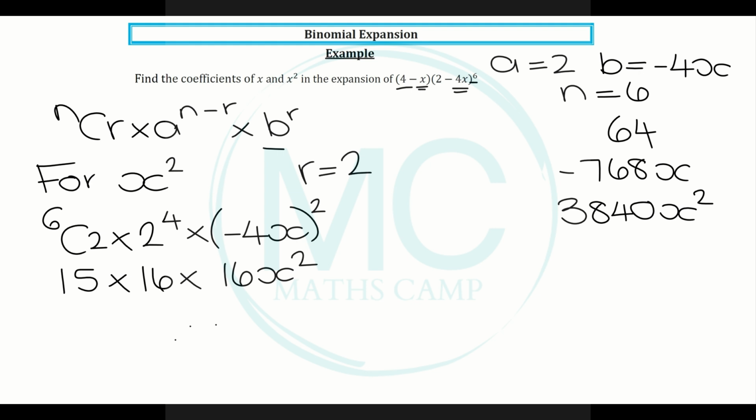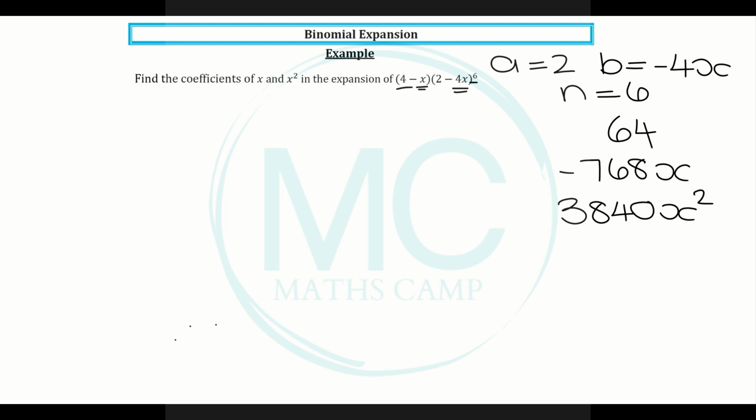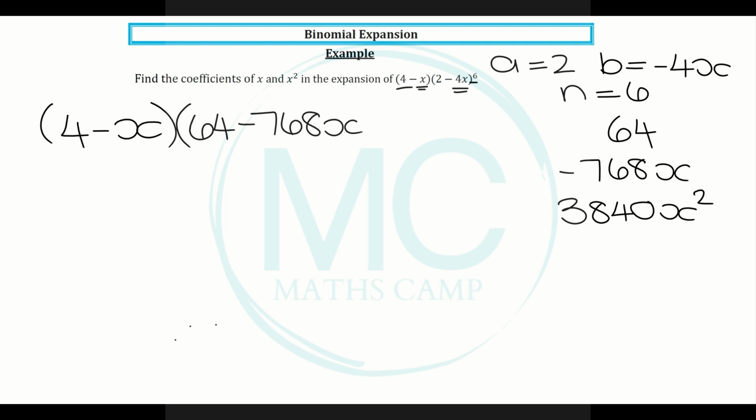These are the only 3 terms in the expansion of the bracket that we need to consider. So let's make some space, and I'm going to write down the first bracket, 4 minus x. And for the second bracket, we're only going to use these 3 terms. 64 minus 768x plus 3,840 x squared.